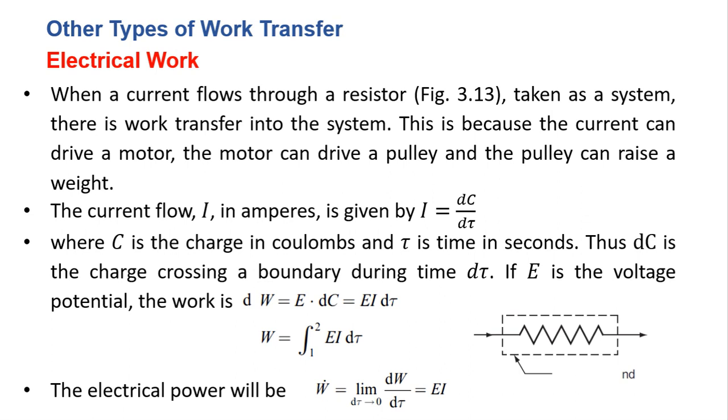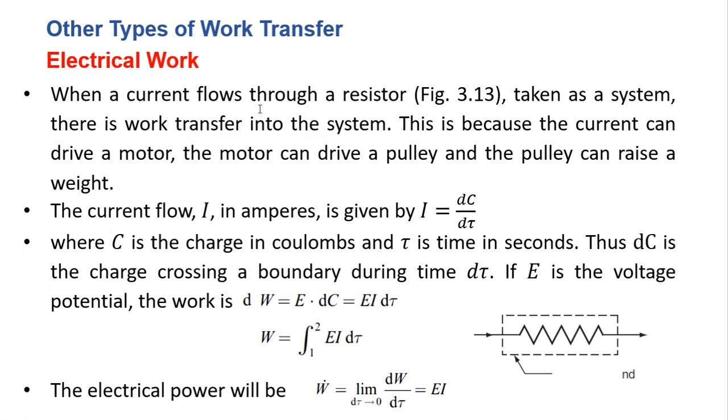Once the shaft rotates, that means the motor rotates, the shaft drives the pulley and the pulley lifts the weights. The same thing is connected here, but the difference is we are considering one element as a system. Maybe in the picture in this slide you can see the one element, we are considering as a resistor.